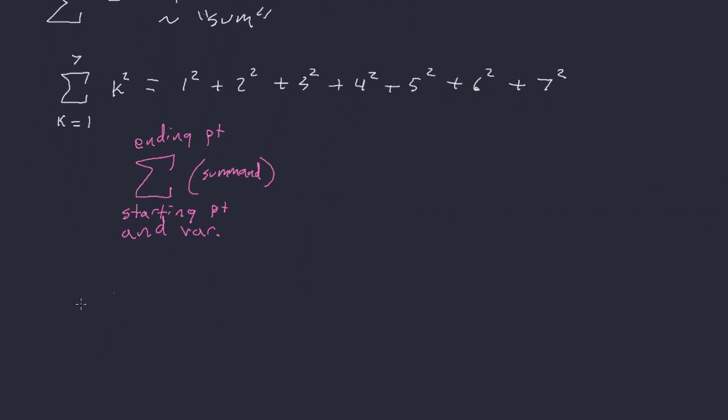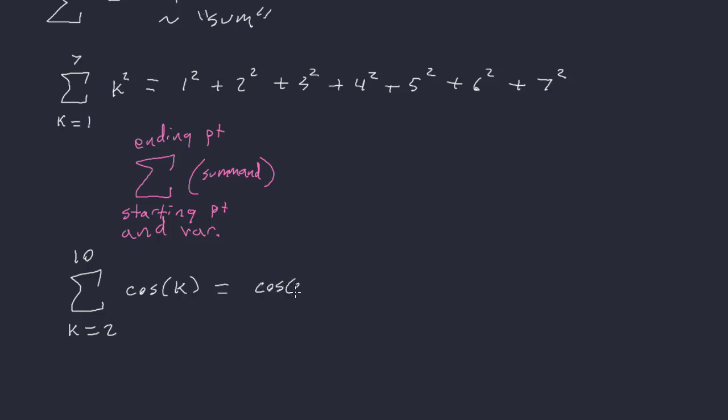So for example, if I said, let's take the sum of cosine of k, starting from k equals 2 and going to 10. Well, it would literally be summing up a bunch of cosines of k starting at k equals 2.